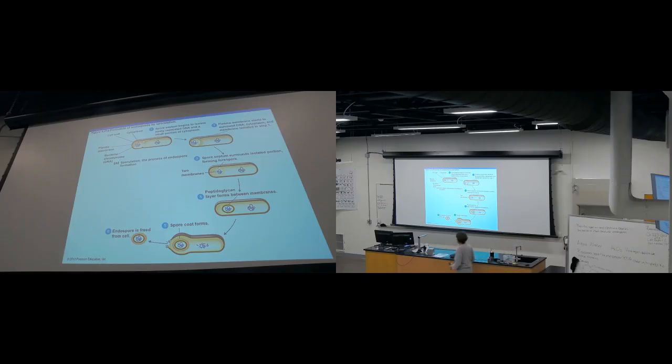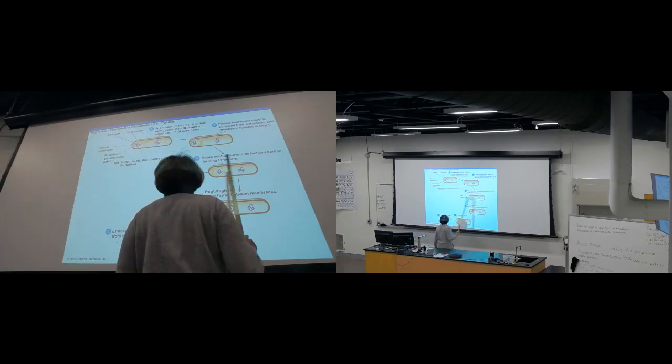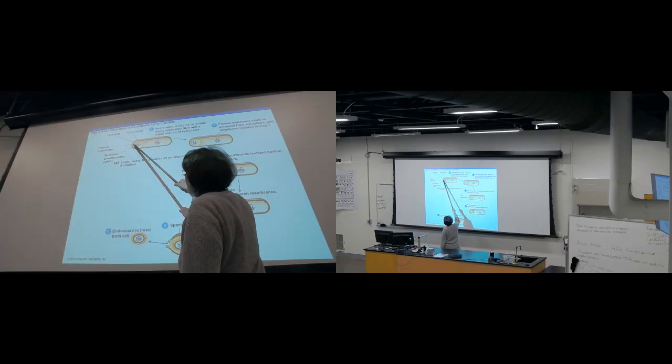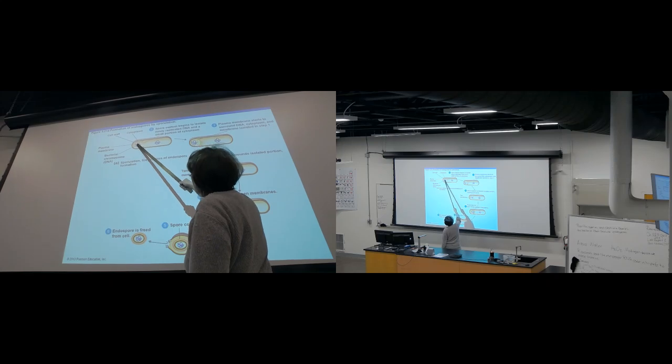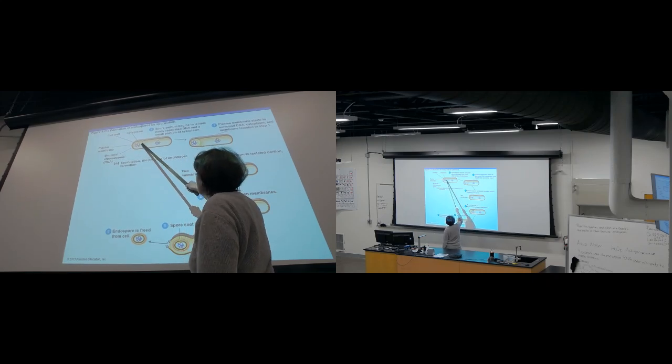And this is the process of sporulation. First you have to make a copy of DNA, so you duplicate your DNA. And then you start forming a spore septum here to isolate the newly replicated DNA in a small portion of the cytoplasm, which is this.